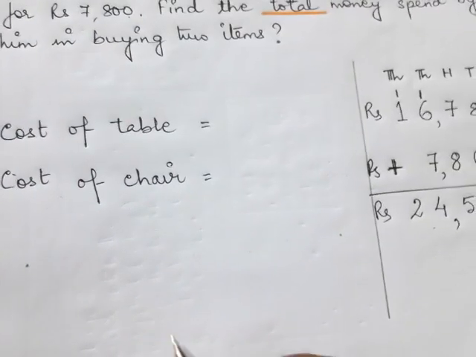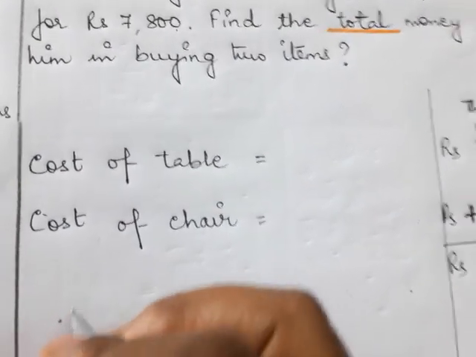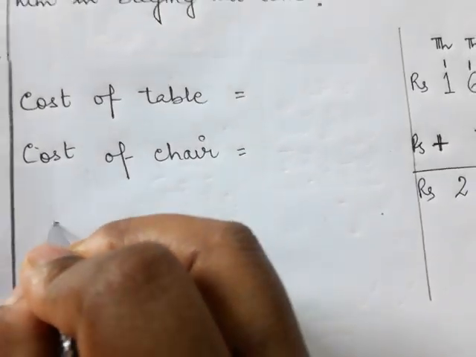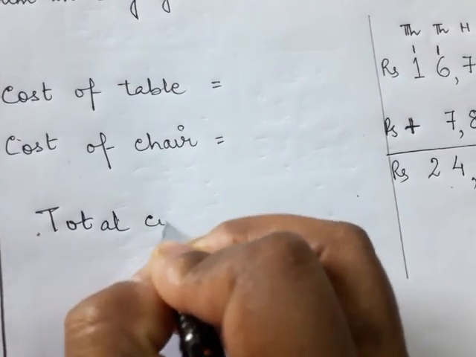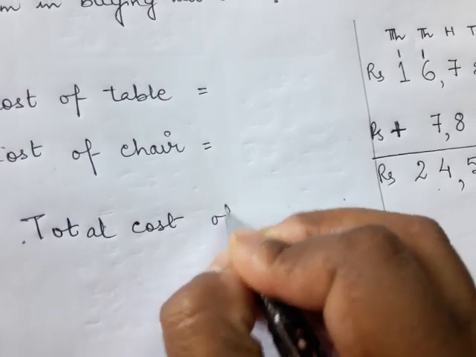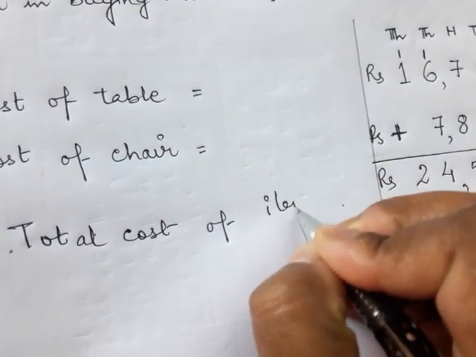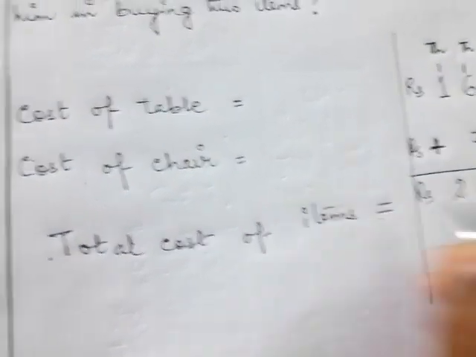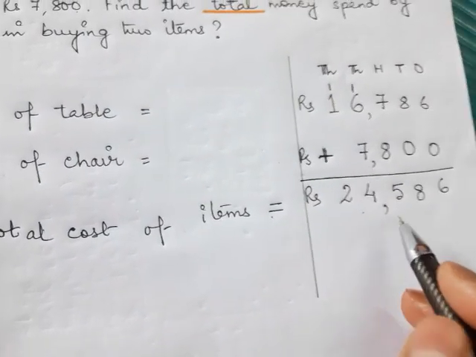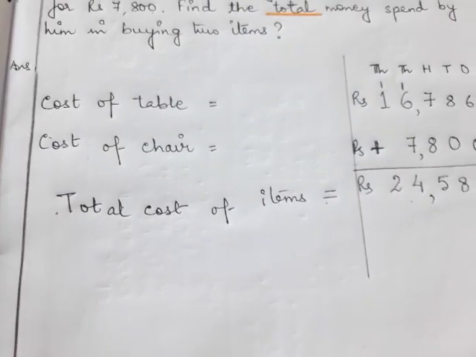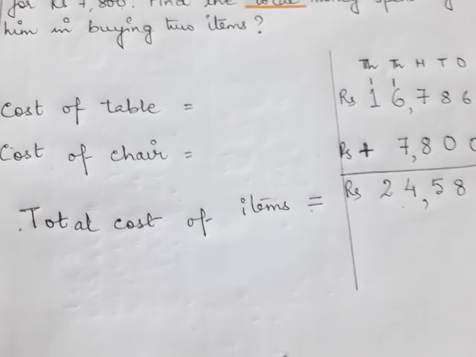So here, this is the total cost of items equals to rupees 24,586. Now my sum is not over.